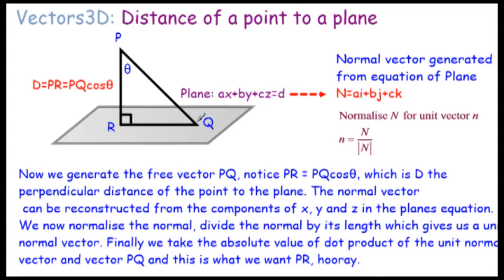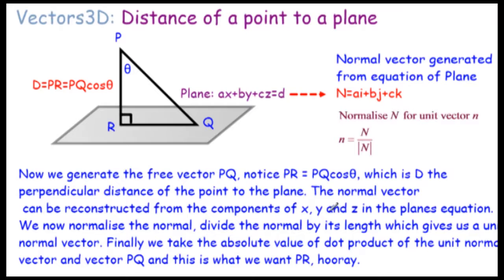Because of the dot product, you'll see later on that if we do PQ dot this little n, where n is a unit vector, we'll get what's called PQ cos theta. PQ cos theta is in fact the distance d, which is PR, which is what we're after.